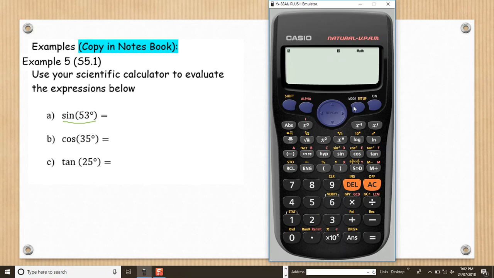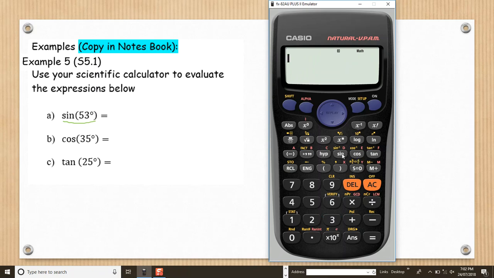We press shift setup, so mode setup, this button here. We have all of these options. Option 3 is degrees, 4 is radians, which you might use in year 12. But we actually want 3, we want degrees. So hit 3 just to make sure that we have a D up here.